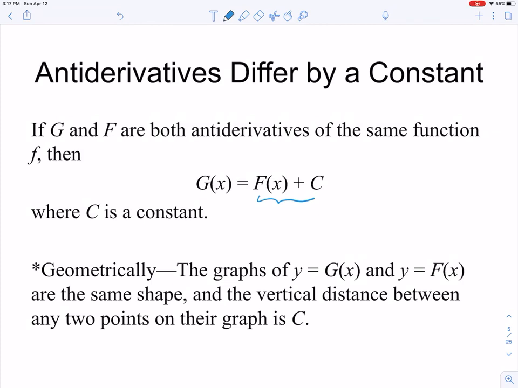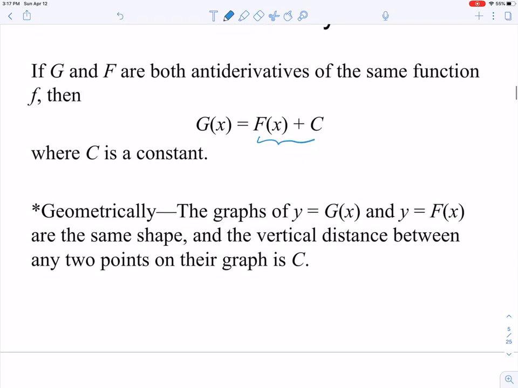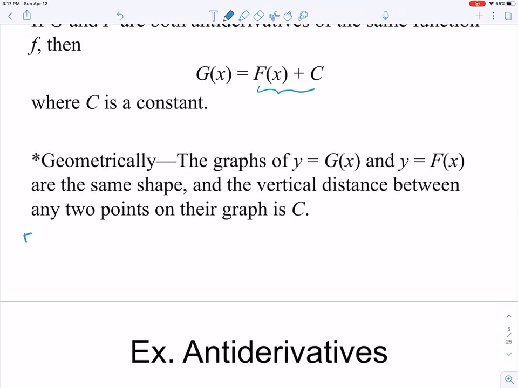That plus c refers to a vertical shift. So geometrically, the graphs of capital G of x and capital F of x are actually the same shape. They just have a vertical distance between any two corresponding points on their graphs that's equal to c.